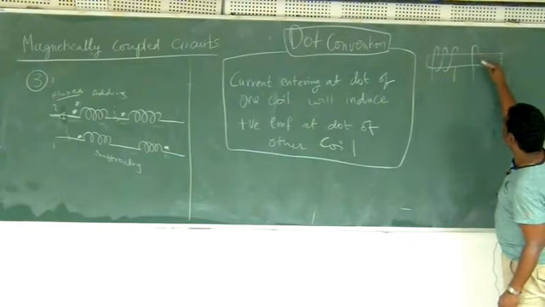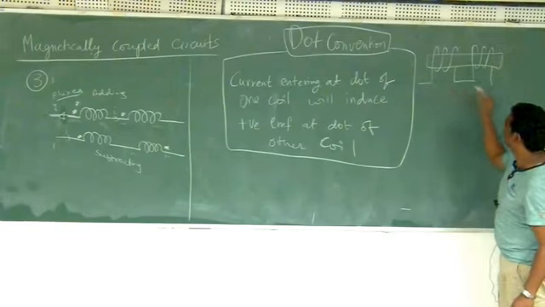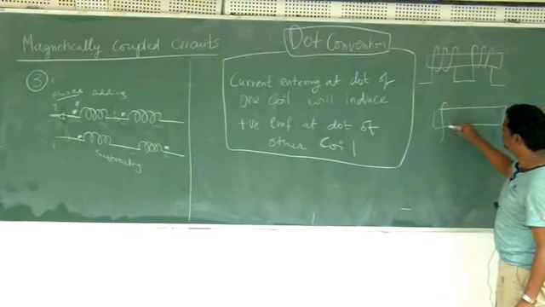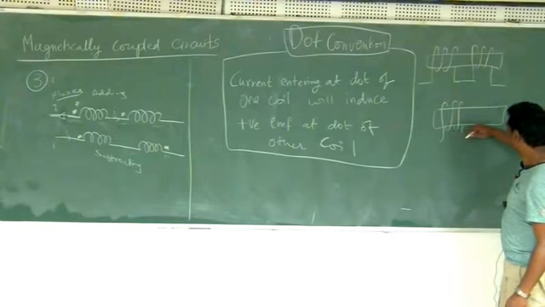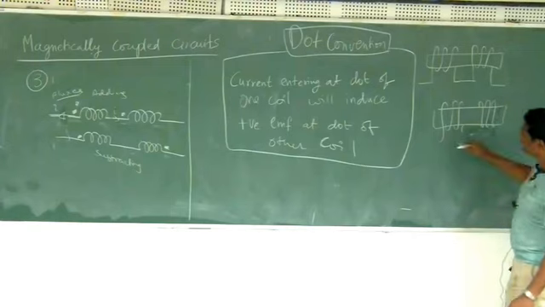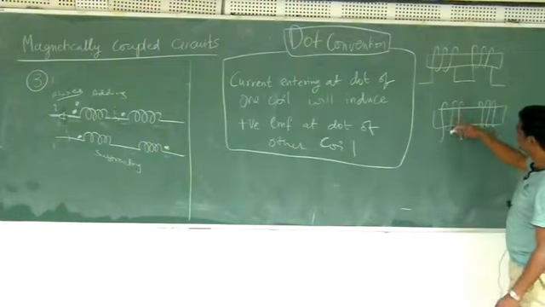Sorry, like this, and then connecting series. Okay. Or I can do like this also. I can wind in the reverse direction. So I can get it from back. Okay. So you notice this is clockwise, or this is one direction.